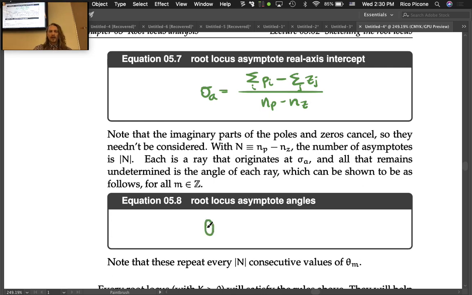So our theta m, the angles of the asymptotes, are (2m plus 1) pi divided by (n_p minus n_z).